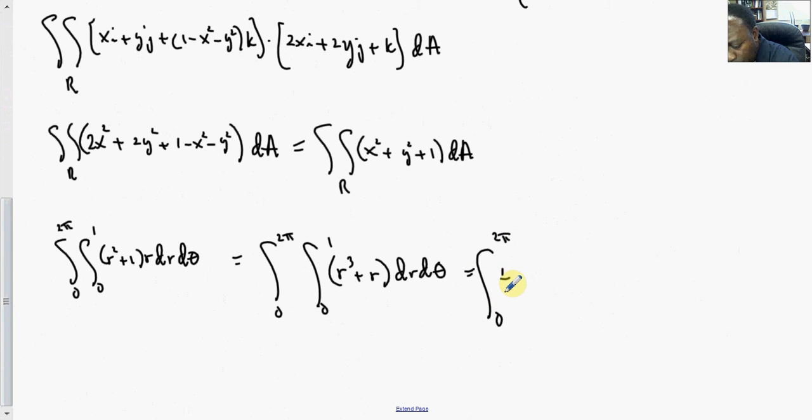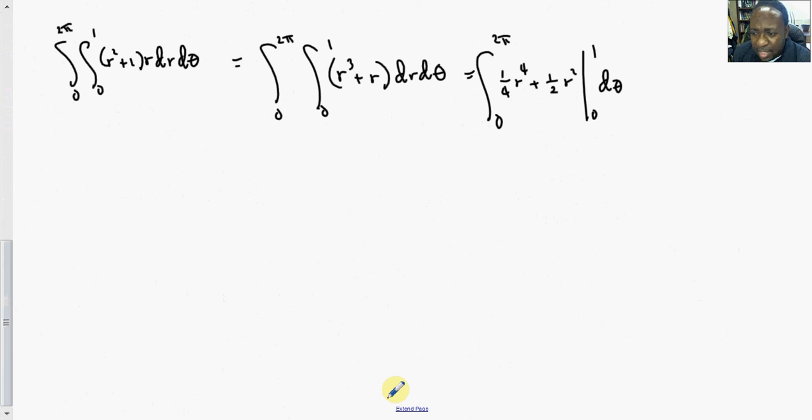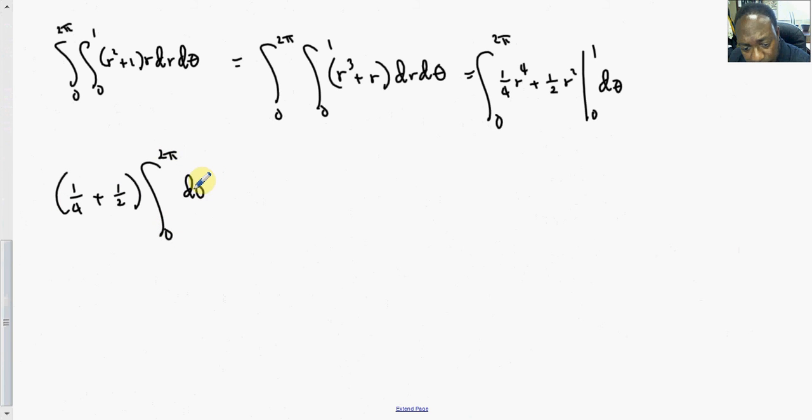Okay, so we integrate. So we get 1/4 r to the fourth plus 1/2 r squared. Evaluate the r's from 0 to 1. This is d theta. So that's just 1/4 plus 1/2 on the outside times the integral from 0 to 2 pi d theta. That's just 2 pi, right?